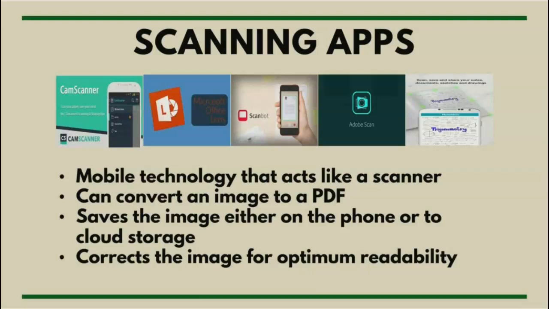But it saves the image either on the phone or to cloud storage. So if you take a picture of something, it's always going to be there unless there's a terrible mass destruction event and all the internet in the world goes down. And this is the one that I thought was probably the most important, and I'll tell you why in a little while: a lot of these correct the image for optimum readability.